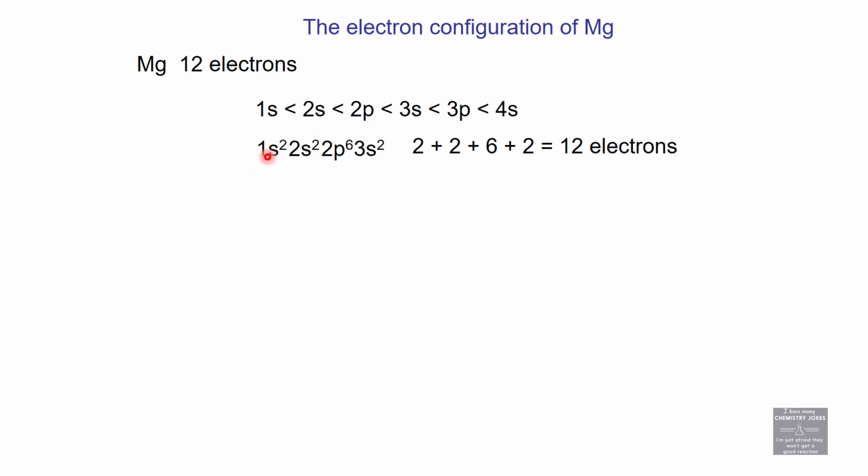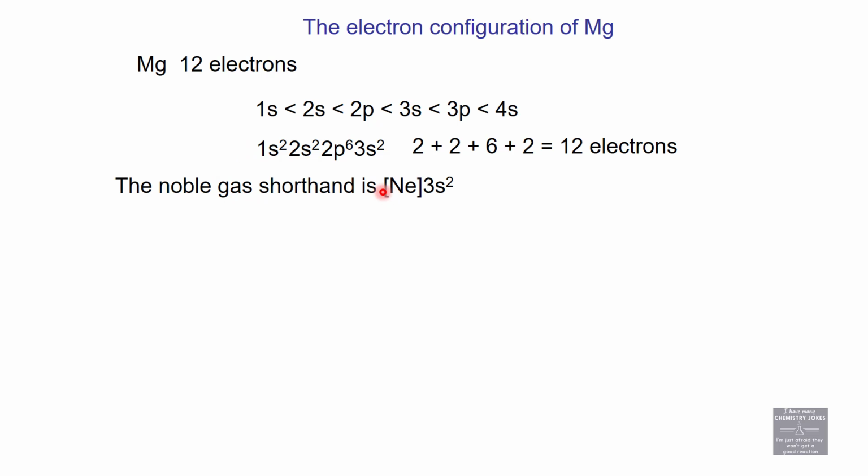So when I say, give me the electron configuration of any element, I'm wanting something like this: 1s2, 2s2, 2p6, 3s2, etc., if it's got more electrons than that. There's another way that you can write this electron configuration, and it's called the noble gas shortcut, the noble gas shorthand.